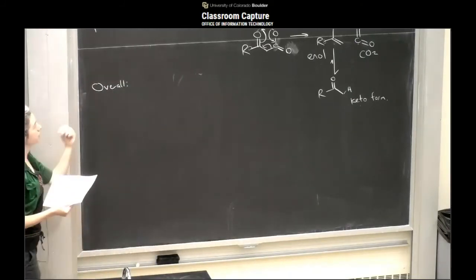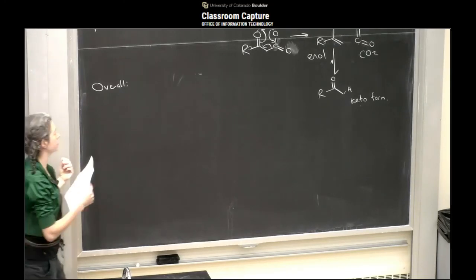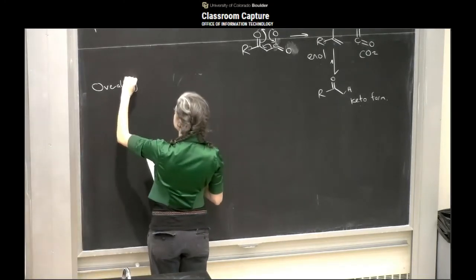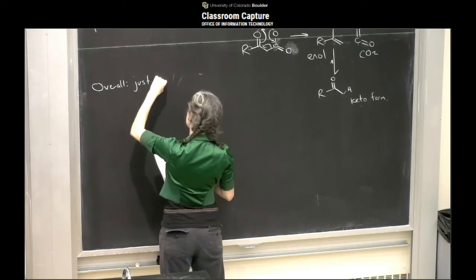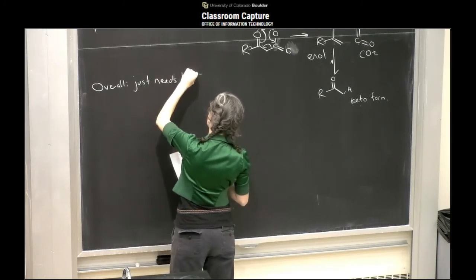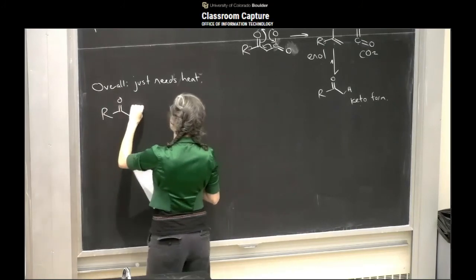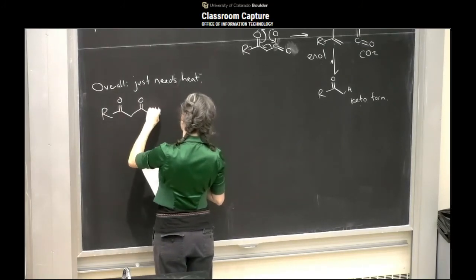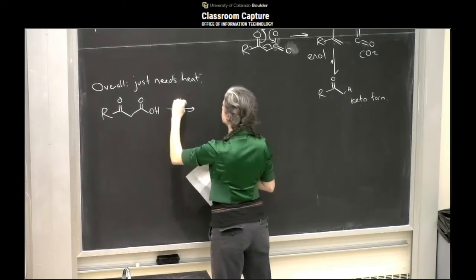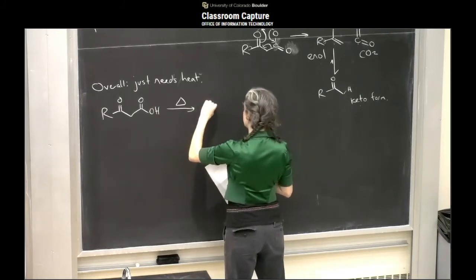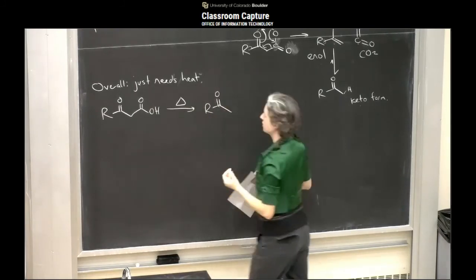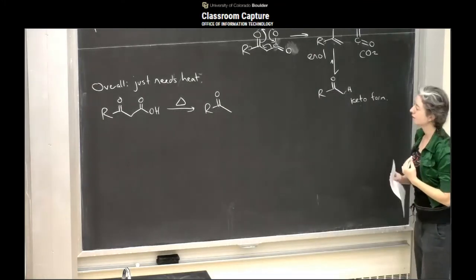Okay, so overall, pretty much these molecules will just fall apart on their own as soon as you heat them up very much. So you take something that's drawn as the beta keto acid and you heat it up, and you can just show it going straight to the product there.